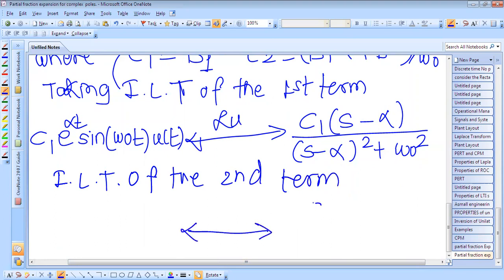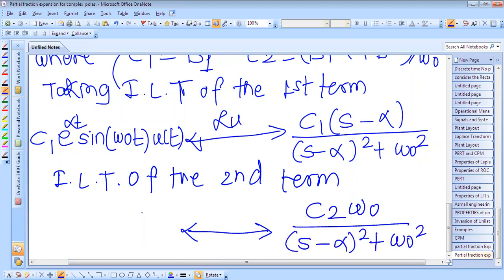The second term is c2 omega naught divided by s minus alpha squared plus omega naught squared. So the constant c2 is again here, e raised to the power alpha t, and this is actually the standard form of the cosine term, c1 e raised to the power alpha t cos of omega naught t times u of t, and this is omega naught by s minus alpha squared plus omega naught squared.